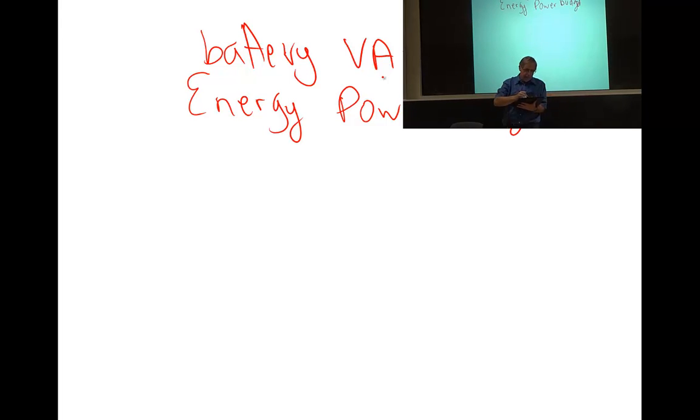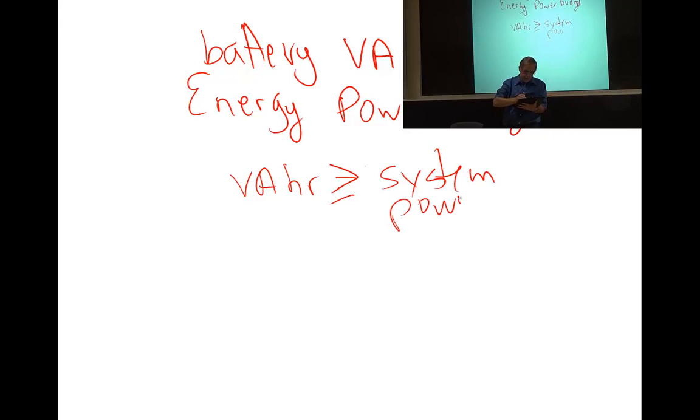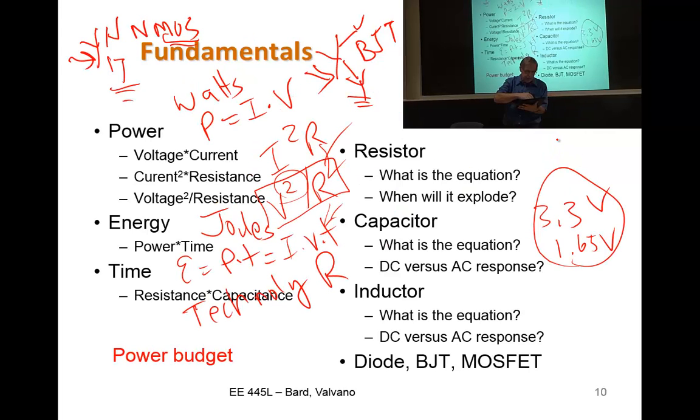So I'm given a certain number of volt amp hours in the battery, and this has to be greater than what the system power is times the lifespan. Right? So this is the power budget, the constraint around which we run.